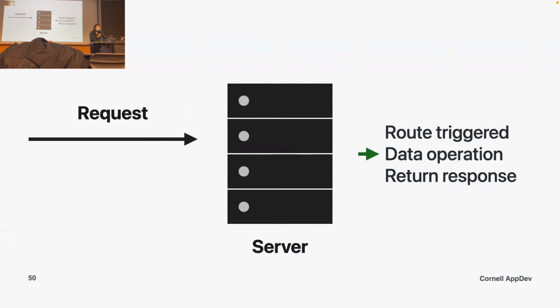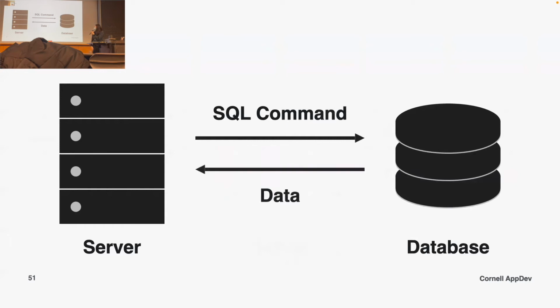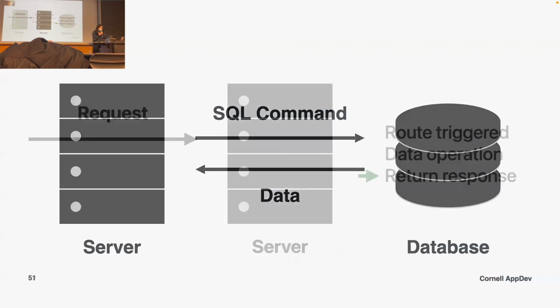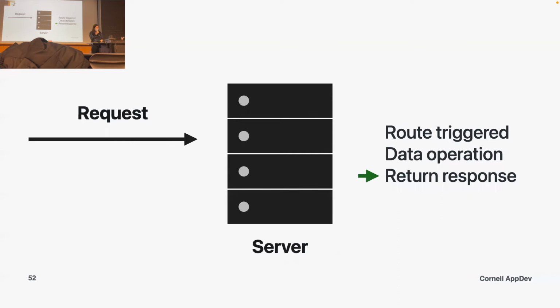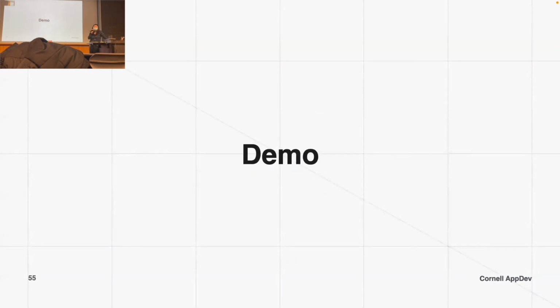Within this data operation, you actually interact with your database to get the data you need to do those operations. Then with the data, you do the operation you need and return a response back to your client. So that's how everything comes together in the end. Your response is returned. And that's basically everything in lecture today.